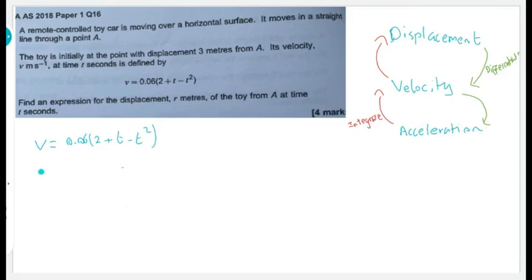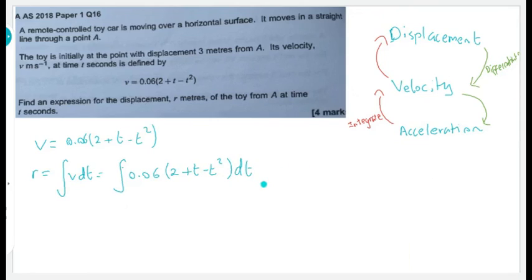So our displacement r is going to be the integral of v dt, which is the integral of 0.06 multiplied by 2 plus t minus t squared dt.